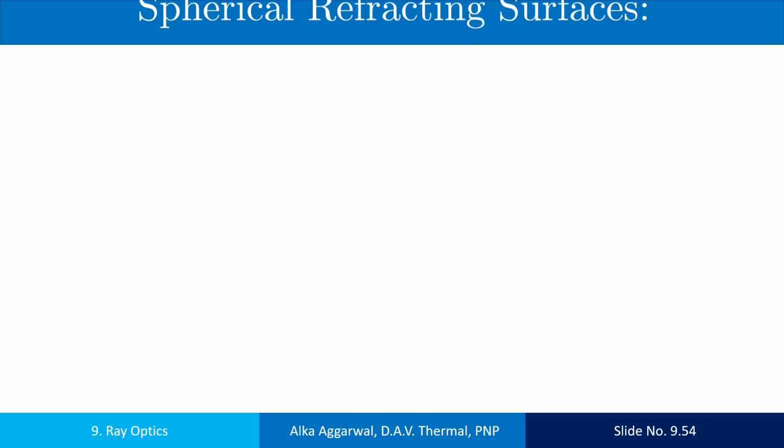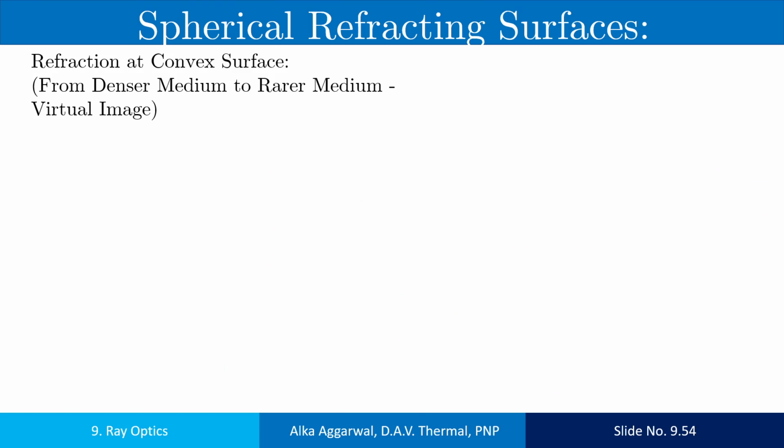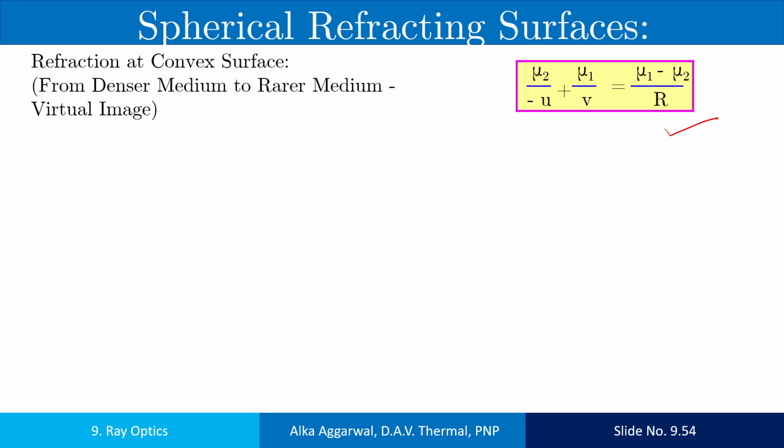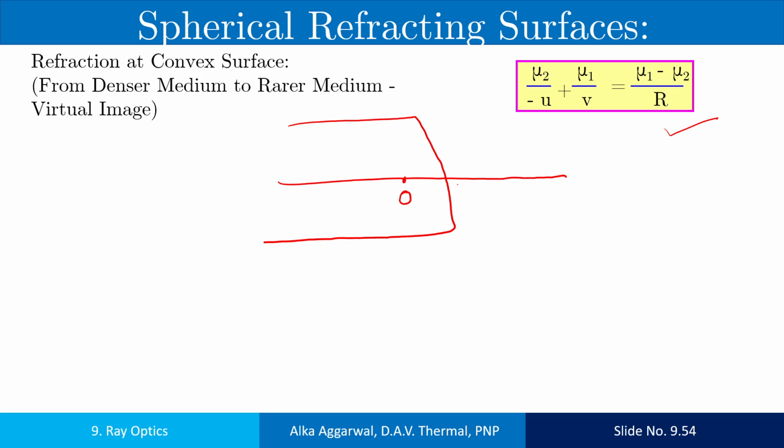Now the next is refraction at a convex surface from denser medium to rarer medium, and the image formed is a virtual image. In this case also the result is the same as in the previous case. How is the diagram formed? It is a convex surface. Image formed is virtual, so the object lies close to the pole.